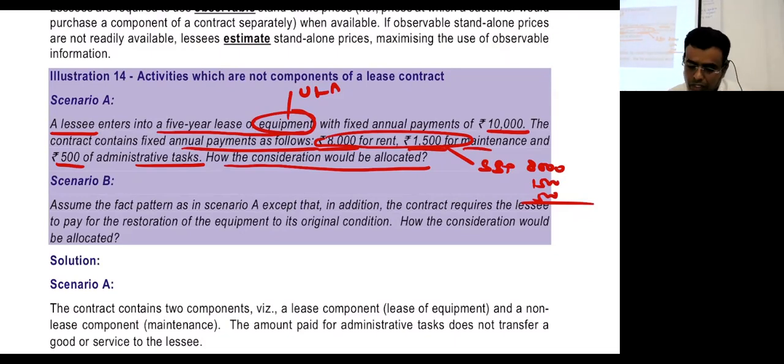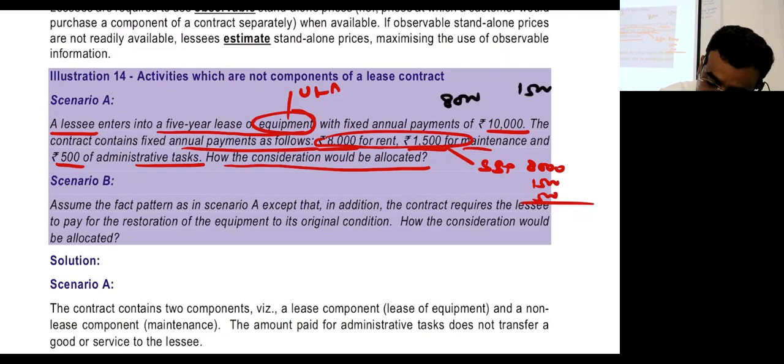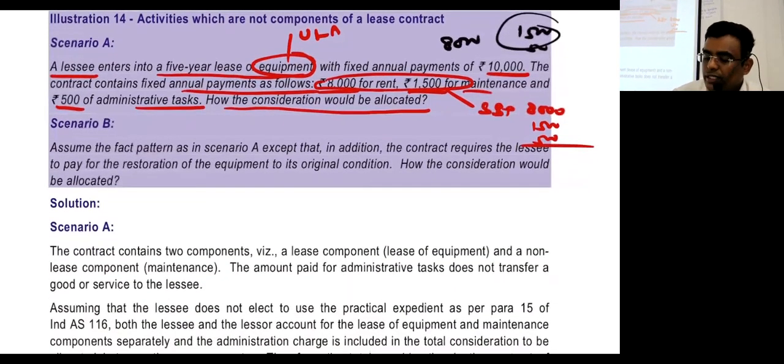8,000 for rent, and sorry, I think I wrongly understood. We wrongly discussed: 8,000 only for rent, 1,500 for maintenance and 500 for administrative tasks. So there are two components, one is lease, another is non-lease. Can we split this or not, yes or no?